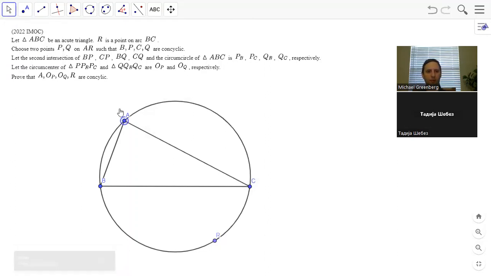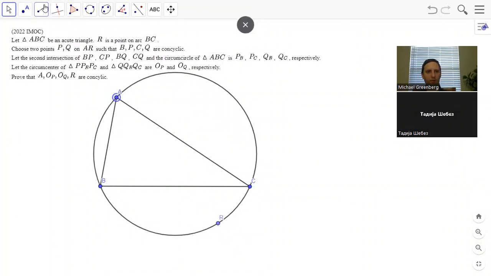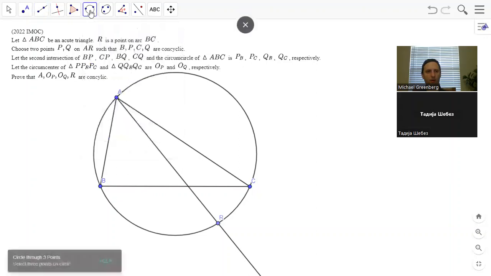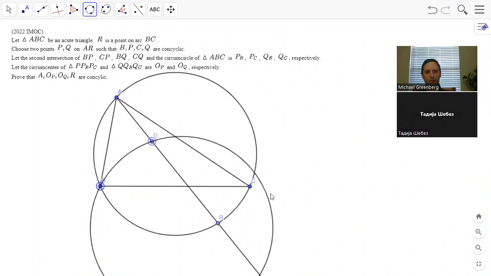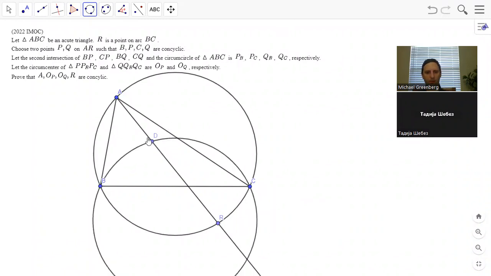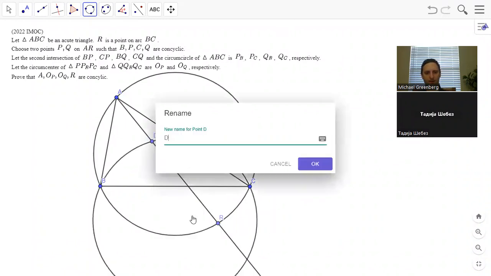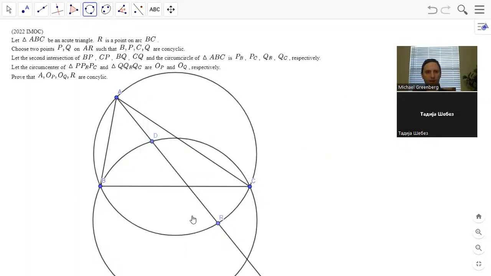So we have 2 points on AR, so we draw the ray AR. And some cyclic quad. We want BP, CQ to be cyclic. So this would be P and this would be Q.